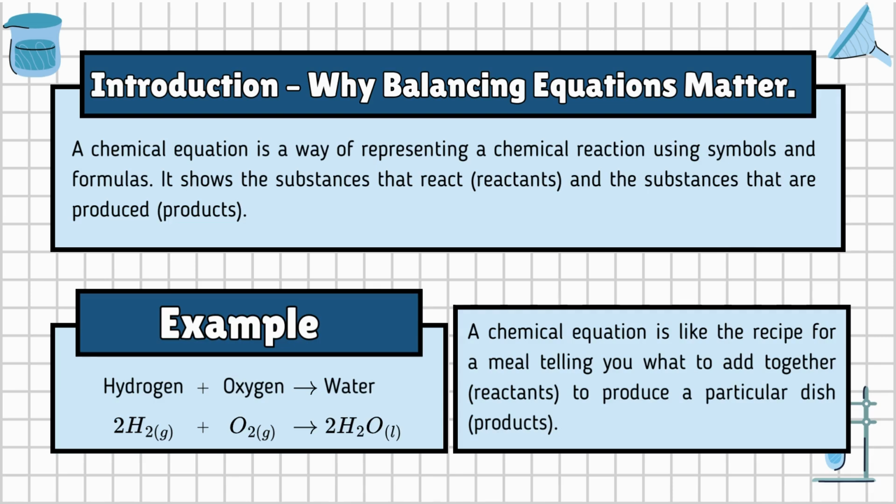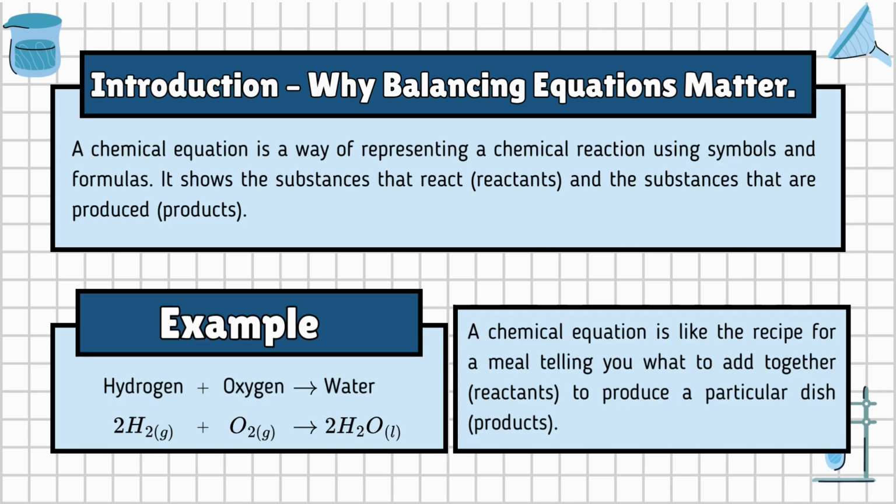Now, at the bottom left corner of the screen, you can see there is an example, a chemical equation of the formation of water that involves the combination of hydrogen and oxygen. And there is a note there that says, a chemical equation is like a recipe for a meal, telling you what to add together to produce a particular dish.